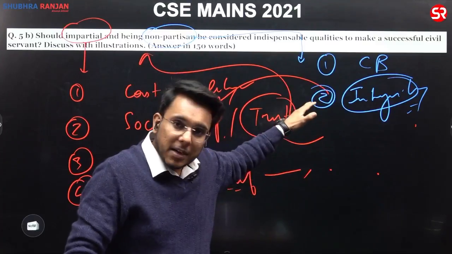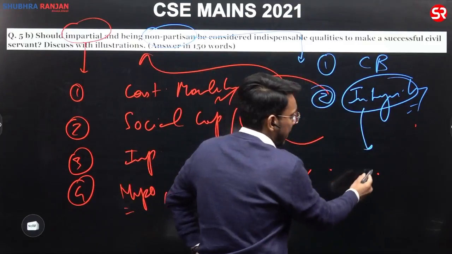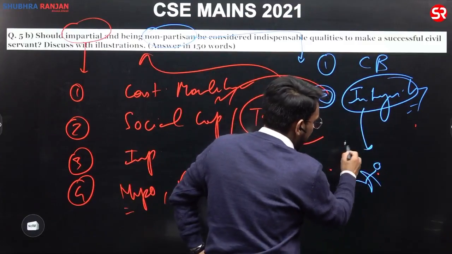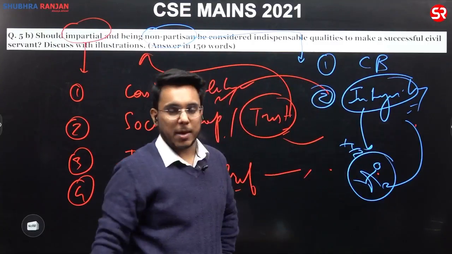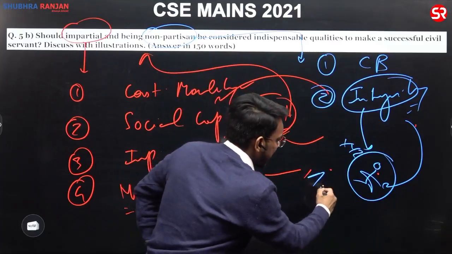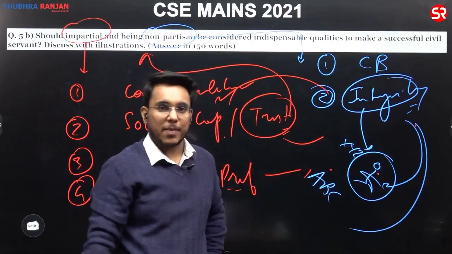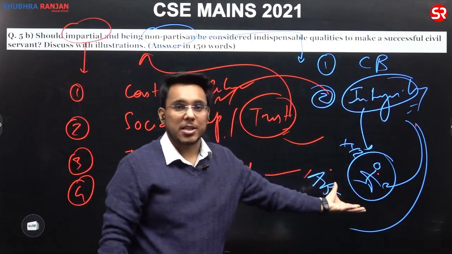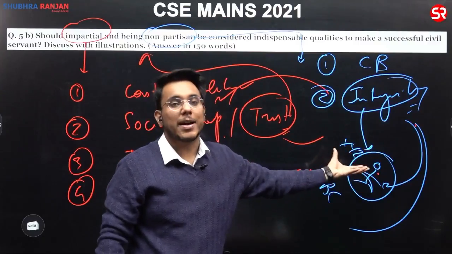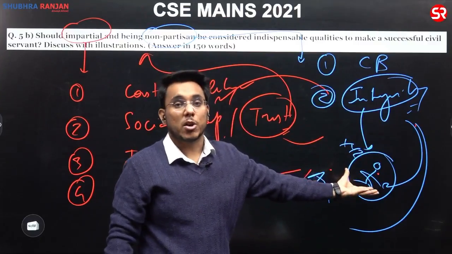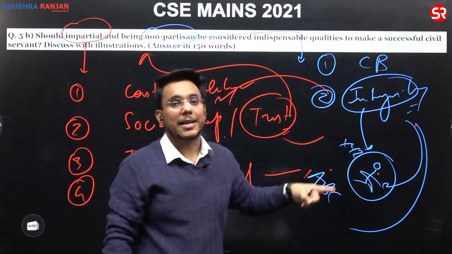Now, if non-partisanship is not there, it means that today the XYZ party is ruling, you will be influenced by this XYZ party. Tomorrow, let's say the ABC party came, then you will be influenced by this ABC party. Every day you are changing your standards, your ideology, your political allegiance. Is it clear? Now this shows your personal integrity.